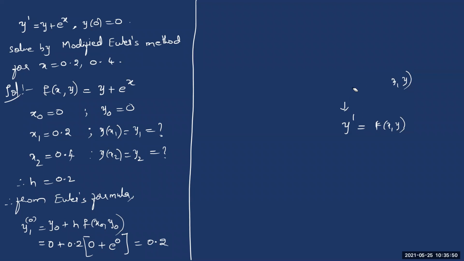Now if you recall the modified Euler's formula, we can use that formula to calculate different approximation values of y1.